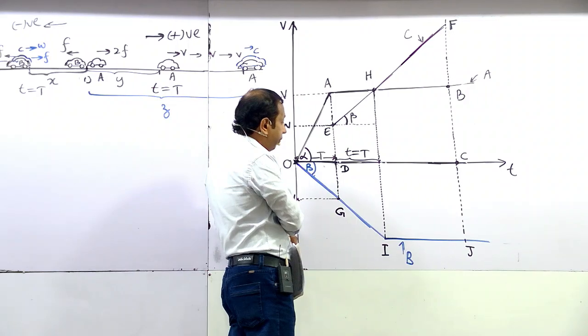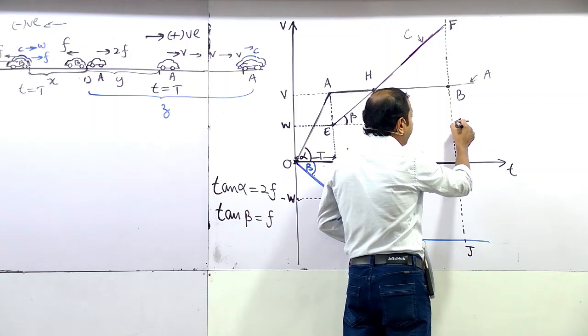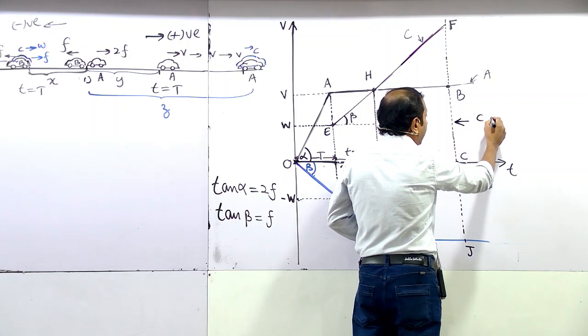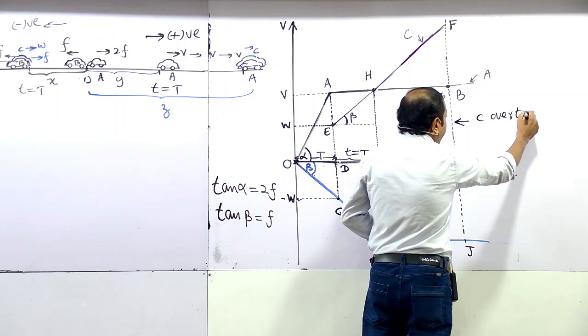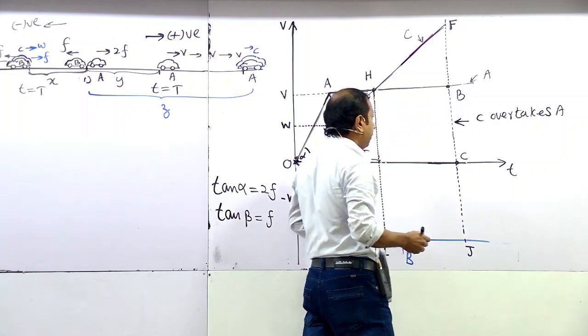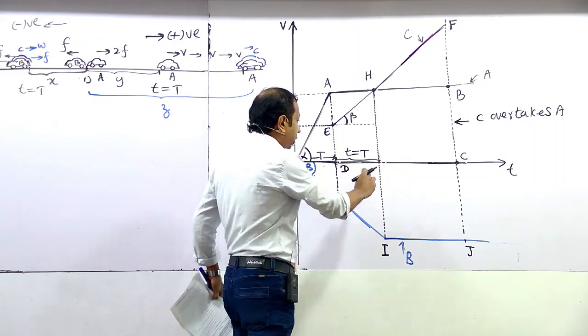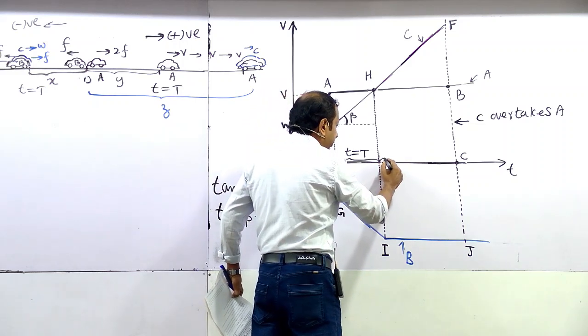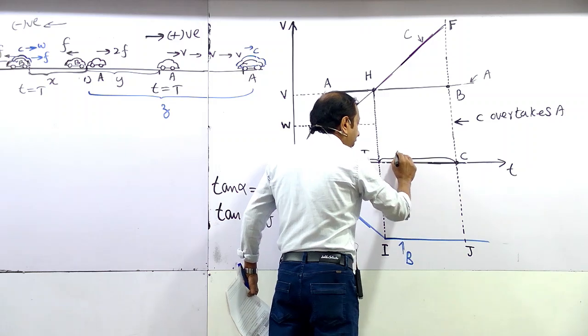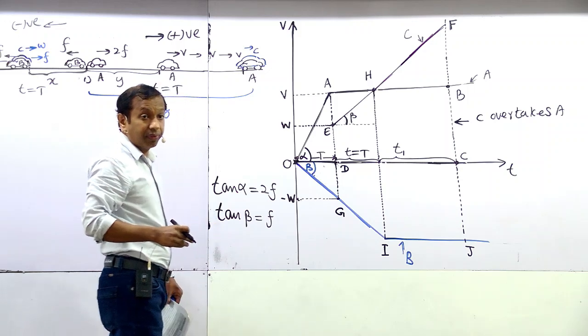This is the moment C overtakes A. C overtakes A here. This time we need to find, and we'll take this time as T1.